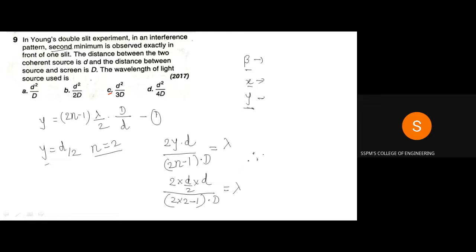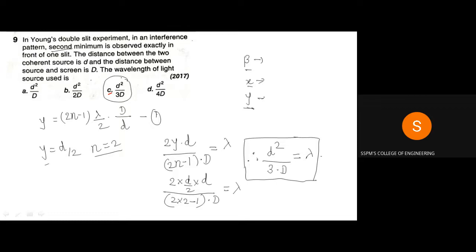Ultimately the 2 will get cancelled. d square upon 4 minus 1, that is 3 into D. So lambda is equal to d square upon 3D. Which option is correct here? Third option, d square upon 3D.